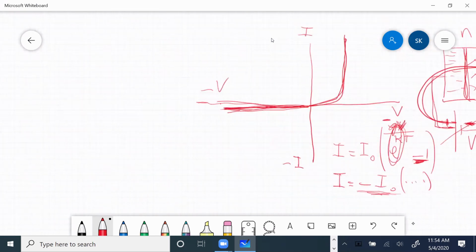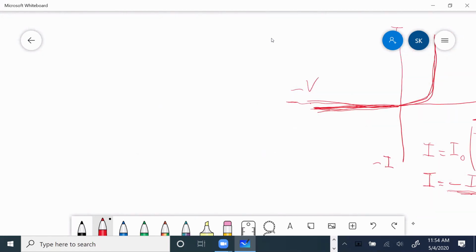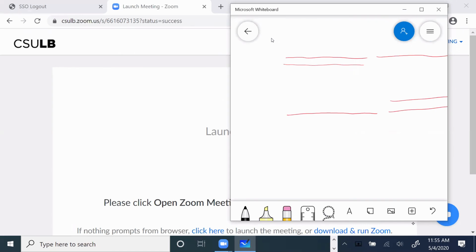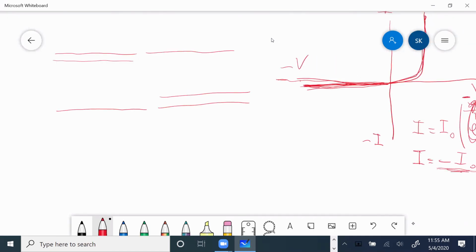Let's look at the energy band diagram now. Again, N-type, P-type. Connect them at equilibrium means no bias. Now I want to connect them with no bias.